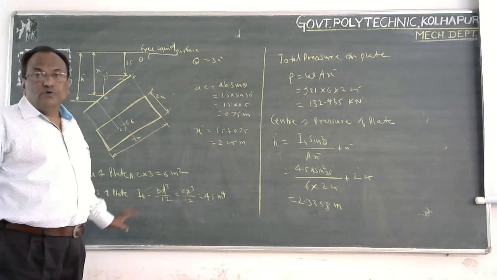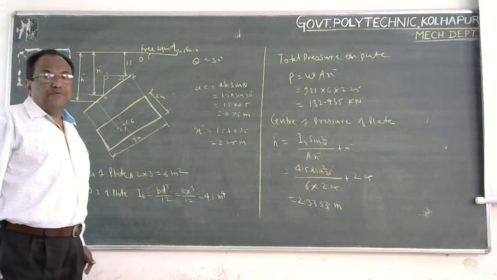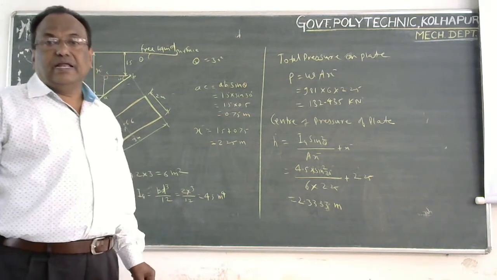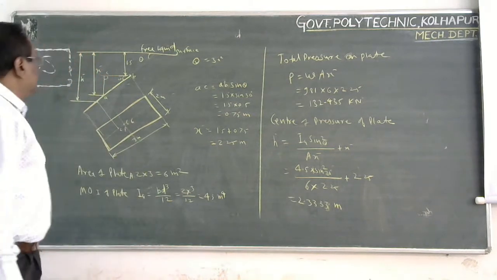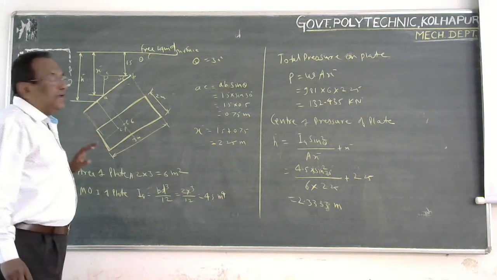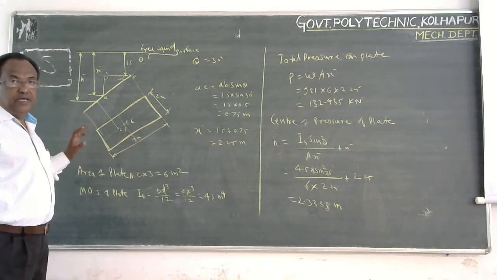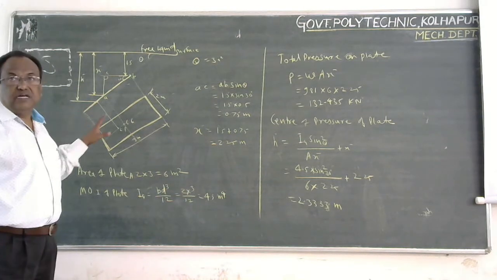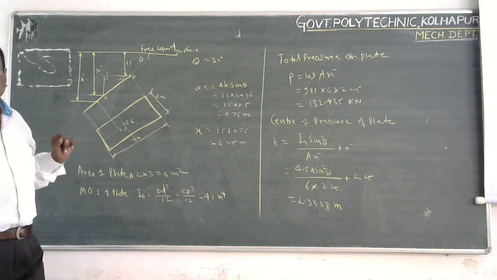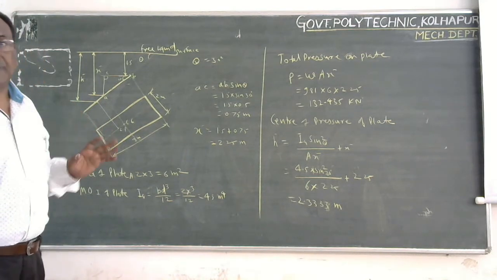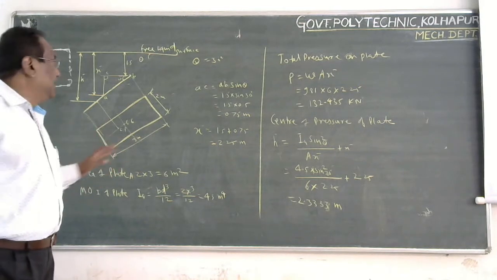Here we'll solve a problem of a rectangular plate which is immersed in an inclined state in the liquid. A plate of 2 meter width and 3 meter depth is immersed in water such that the plate makes an angle of 30 degrees with the free liquid surface. We have to calculate the total pressure and center of pressure of the plate.